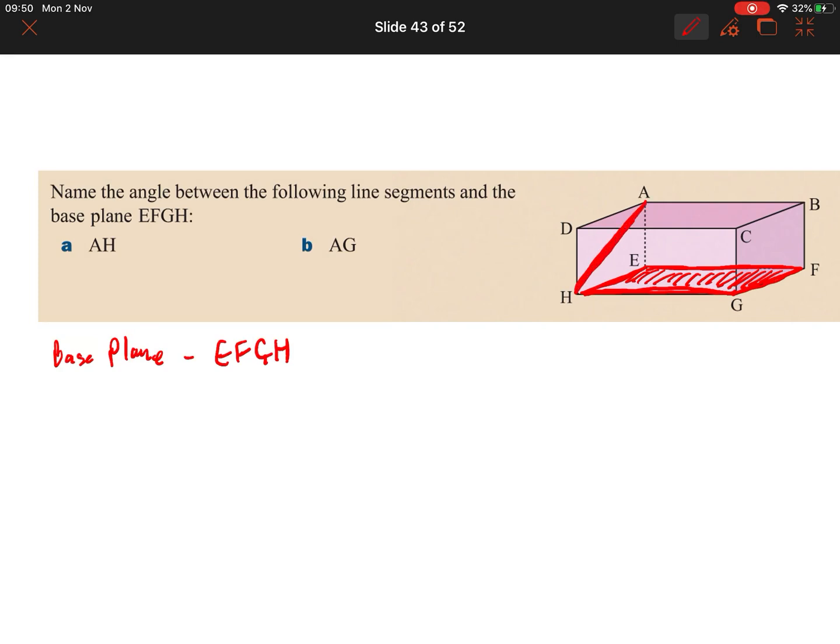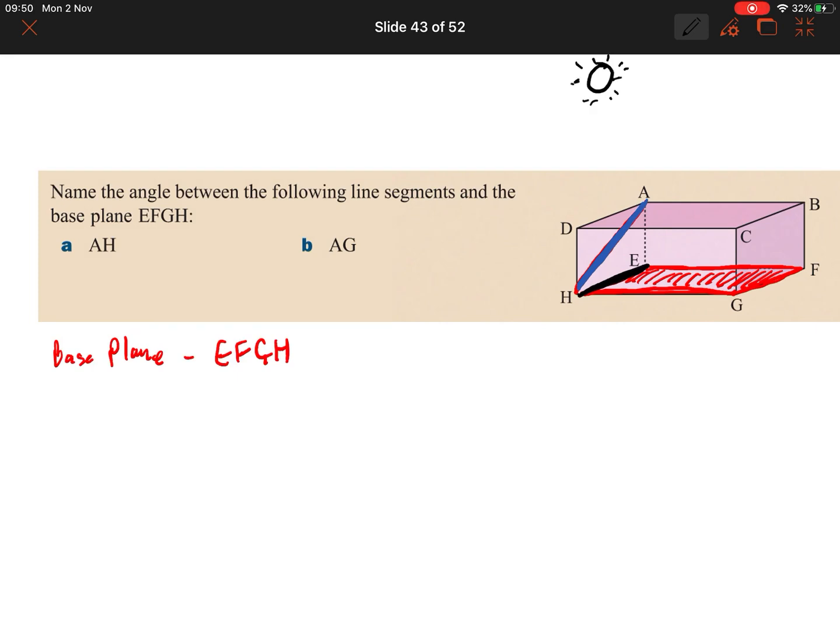Okay, but this is the line AH. Okay, so what we're going to do is try and find out what the angle between that line segment and the base plane is. Now, what I want you to do is imagine that you're going to take this line here, the line you want, and imagine it casts a shadow underneath onto the plane.